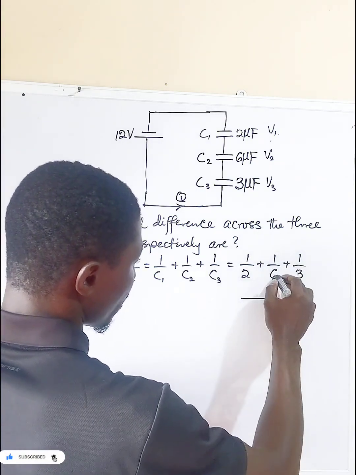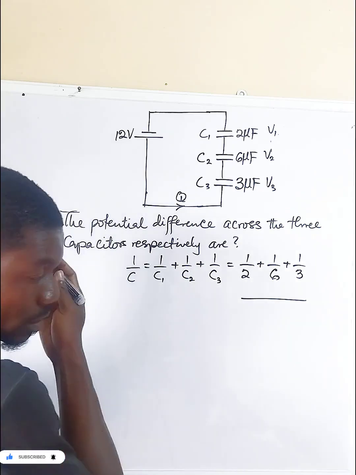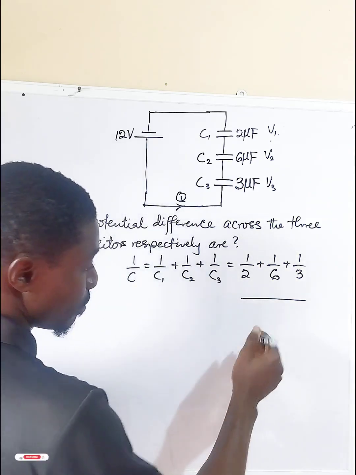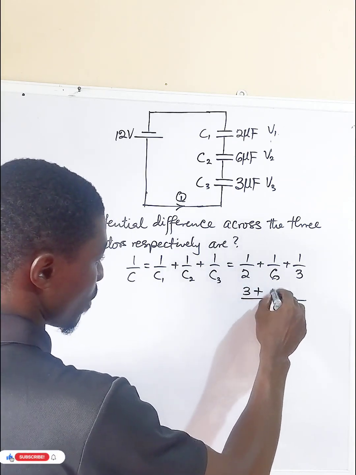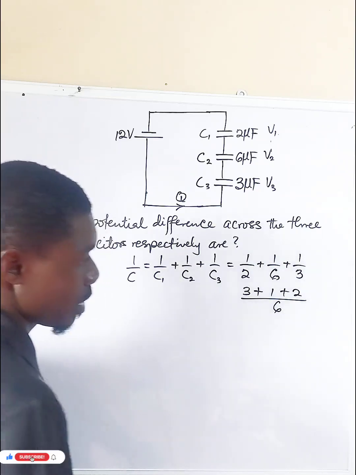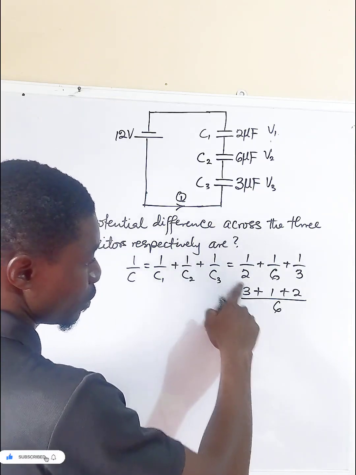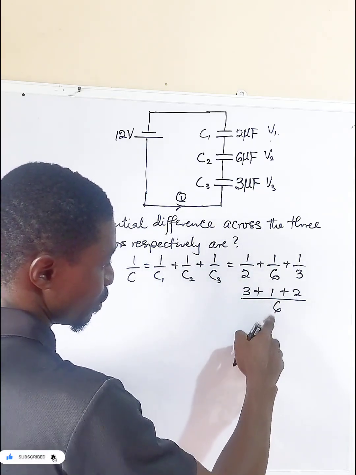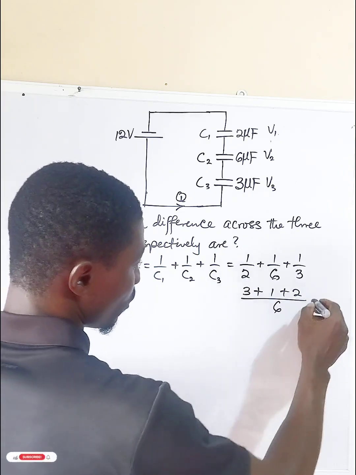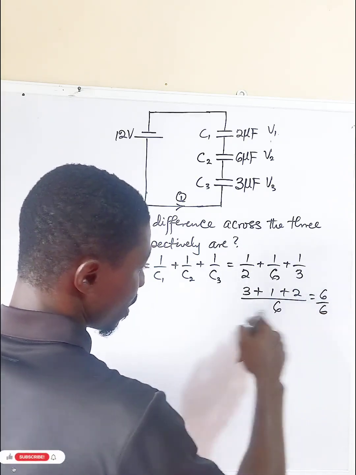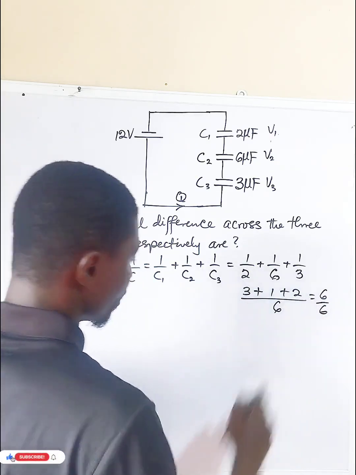Now let's find the LCM, which is 6. Here we have 3 plus 1 plus 2. That is, 2 in 6 gives us 3, 6 in 6 gives us 1, 3 in 6 gives us 2. So we end up having 6 over 6, because 3 plus 1 plus 2 gives us 6.